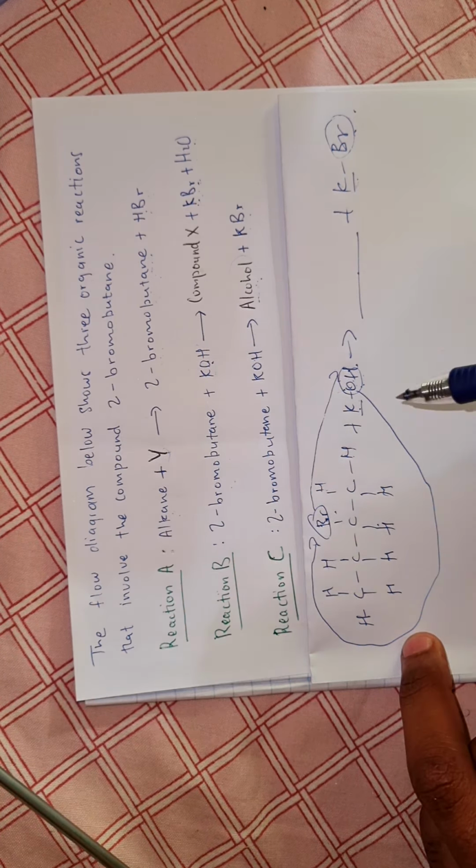For reaction B, we need only a strong concentrated base. Here we need a diluted, strong base and mild heat, so that this type of reaction can take place.